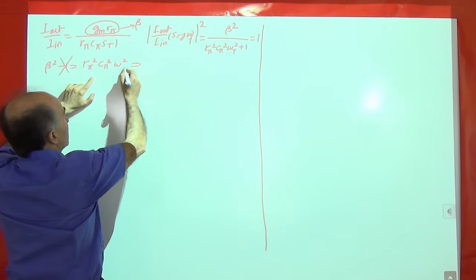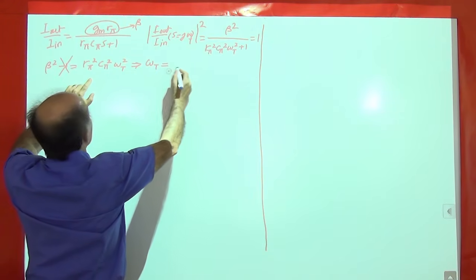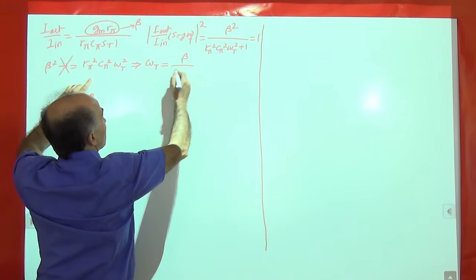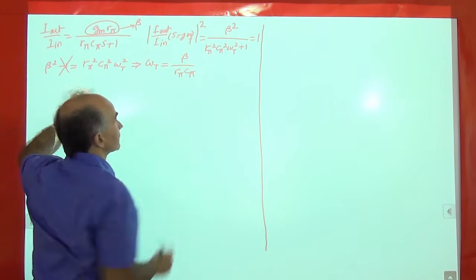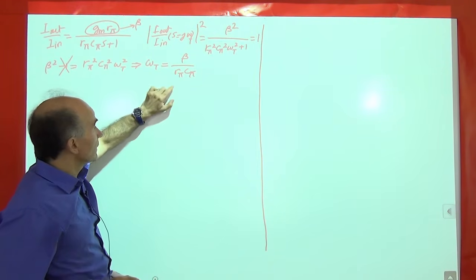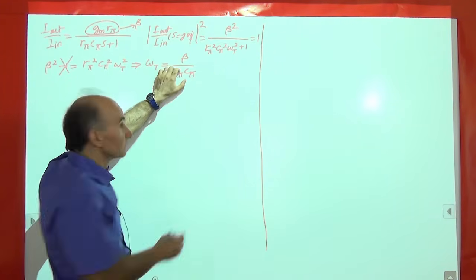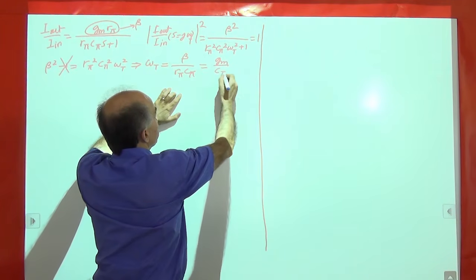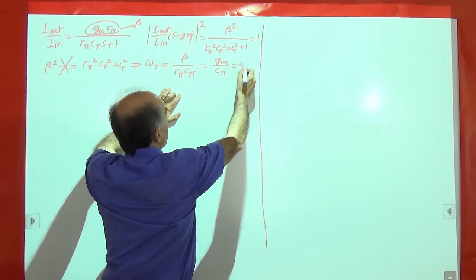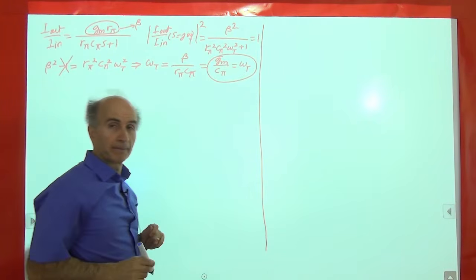We have omega t is equal to beta over R pi C pi. How much is R pi over beta? That's 1 over Gm, right? So then this is Gm over C pi. Okay, so that is the equation that we need to remember.